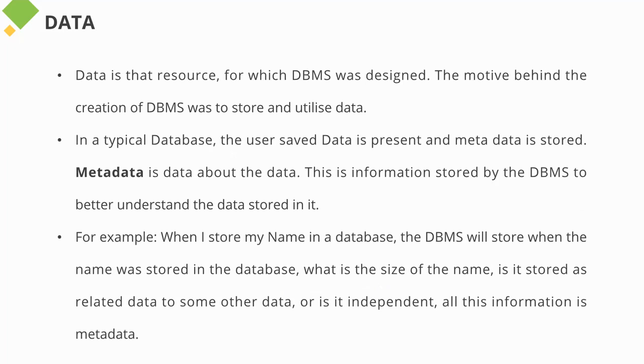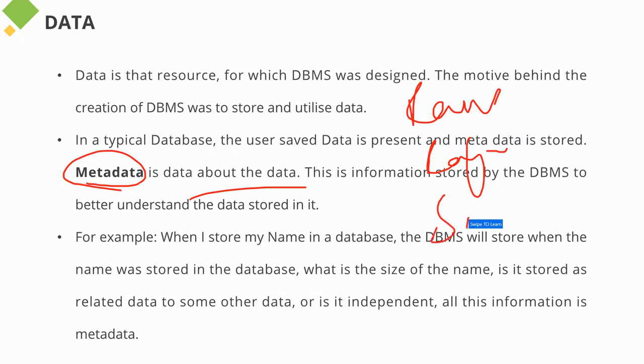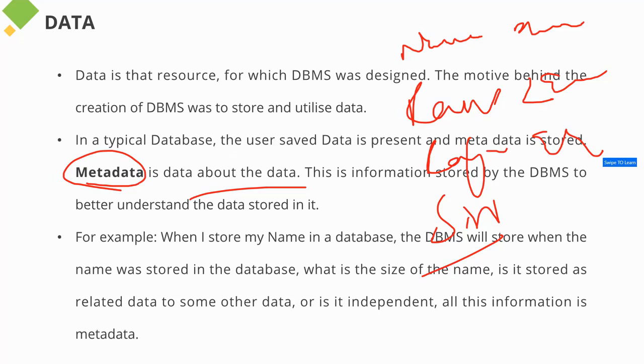The data is like a resource. We have already seen it's a collection of raw facts. Whenever the data is processed, it becomes information. Metadata is data about the data. Suppose you have the names Ram, Raju, and Siri, their phone numbers, and their ages 20, 21, 22.